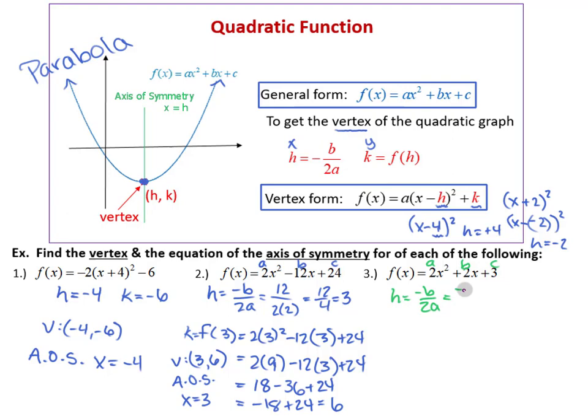So we have the opposite of b, -2, the opposite of +2, over 2 times a, and a was 2. So we get -2 over 4, which reduces to -1/2.